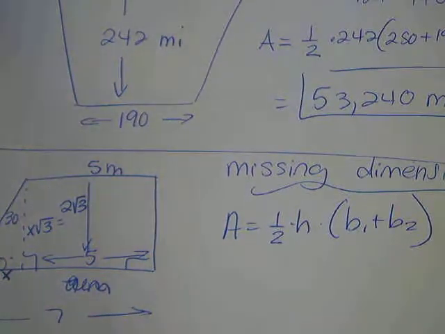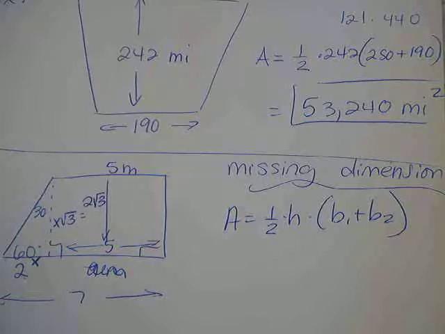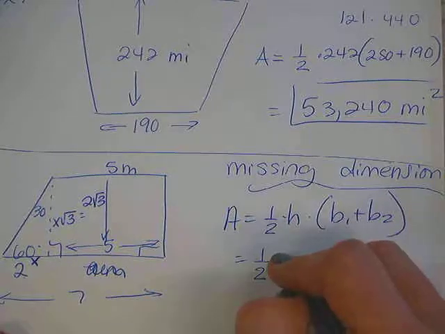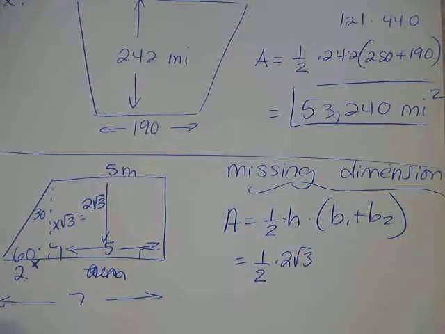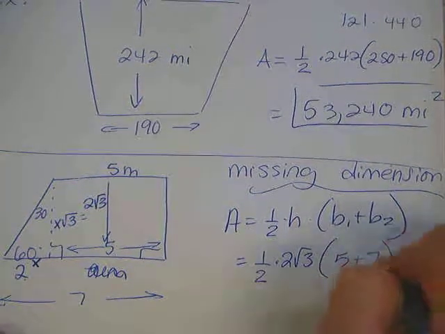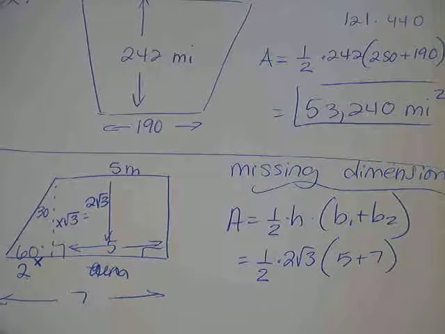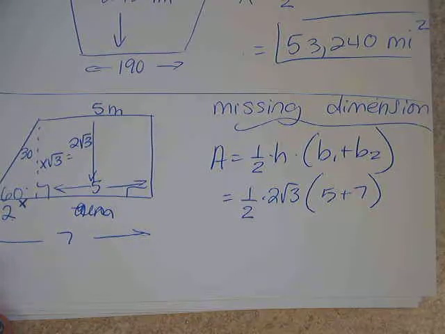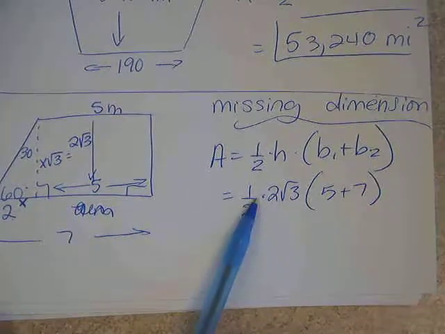So now we can put it into the formula, which is 1/2 times the height times the sum of the bases. So that would be 1/2 times 2 radical 3 times 5 plus 7. You will leave these with the radicals in them.